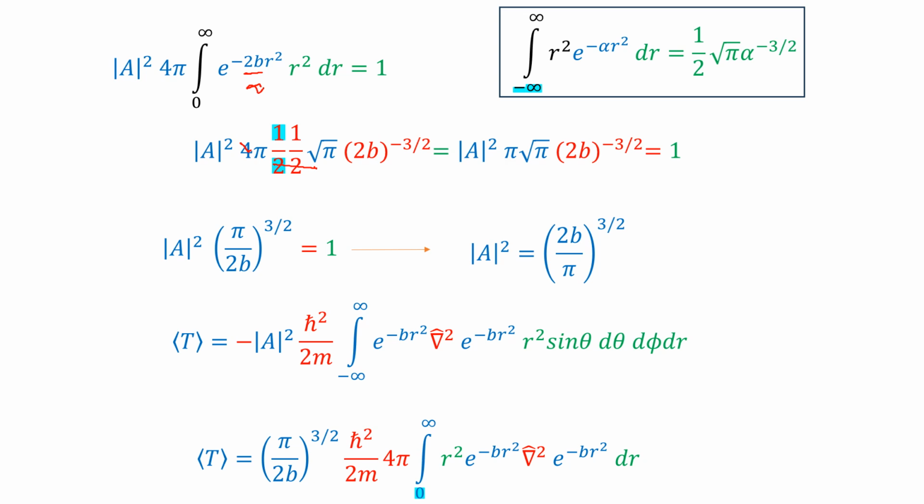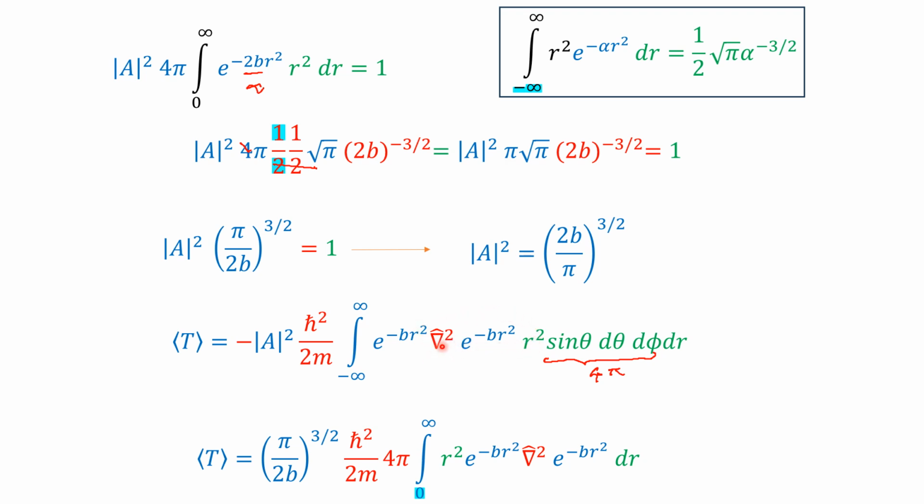At the beginning itself, I told that the value of the integral of sin theta d theta d phi is 4 pi. So you take that 4 pi outside this integral, which I have taken. So this will become, and then simply r squared. This r squared will not come under this del squared operator. This is different.